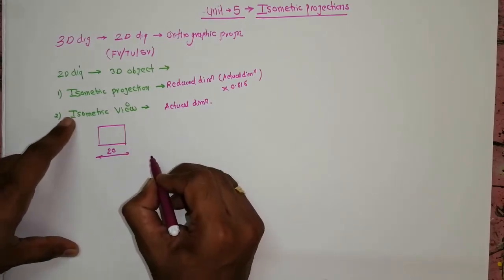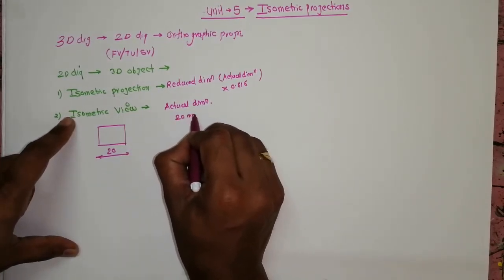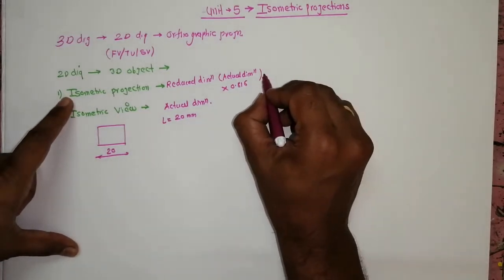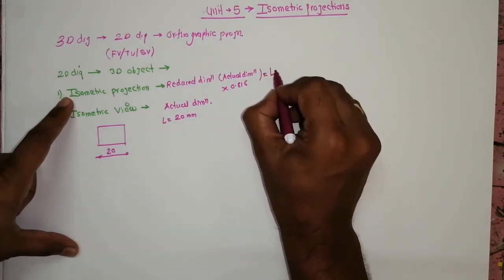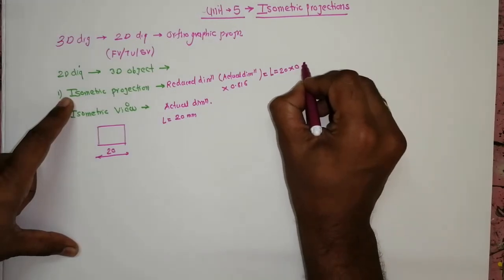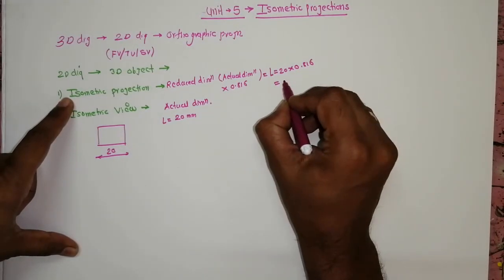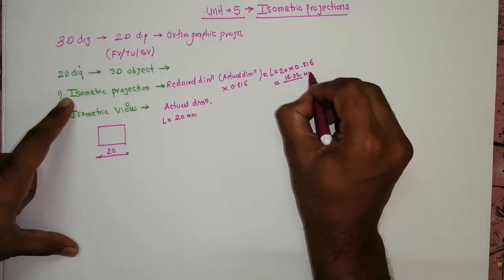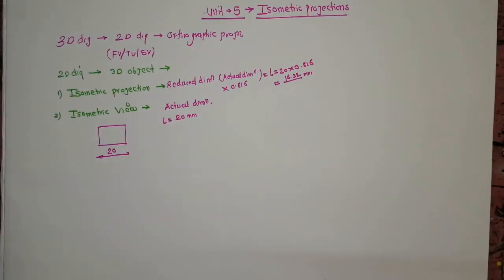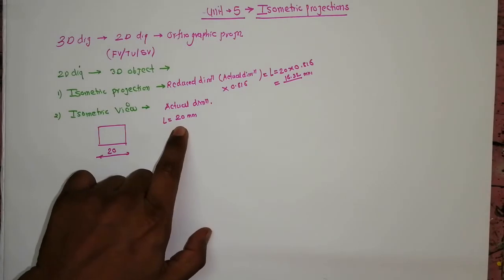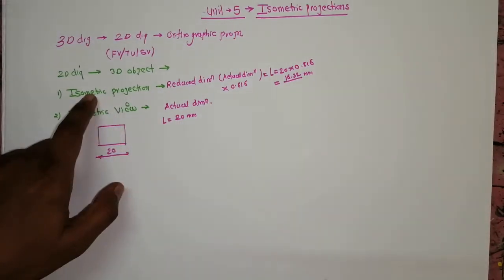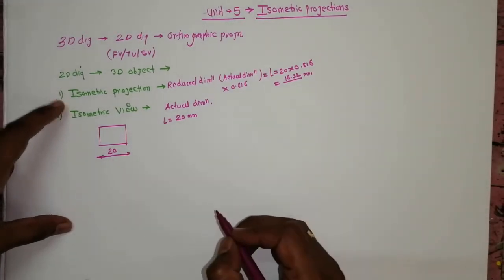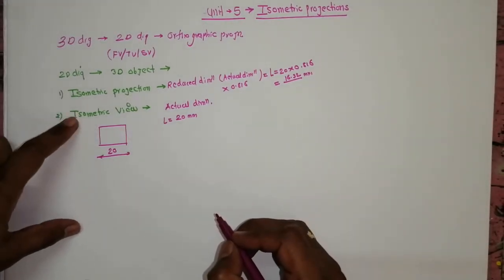In isometric view we take L equal to 20 mm, but in isometric projection we take L equal to 20 into 0.816, which comes out to be reduced, that is 16.32 mm. So that is the way of taking the dimensions in isometric projection and isometric view.